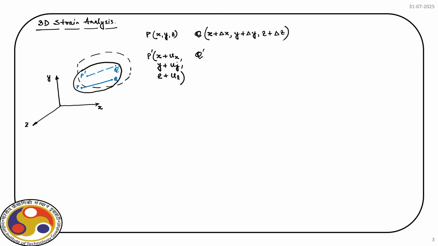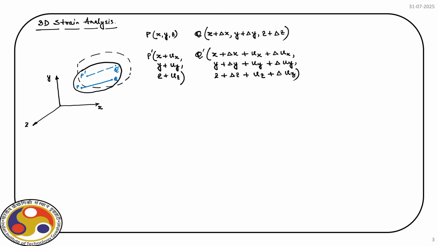Similarly, Q prime will go to a new location and that is x plus delta x plus ux plus delta ux, right. The next coordinate will be y plus delta y plus uy plus delta uy. Similarly, the last one is z plus delta z plus uz plus delta uz.